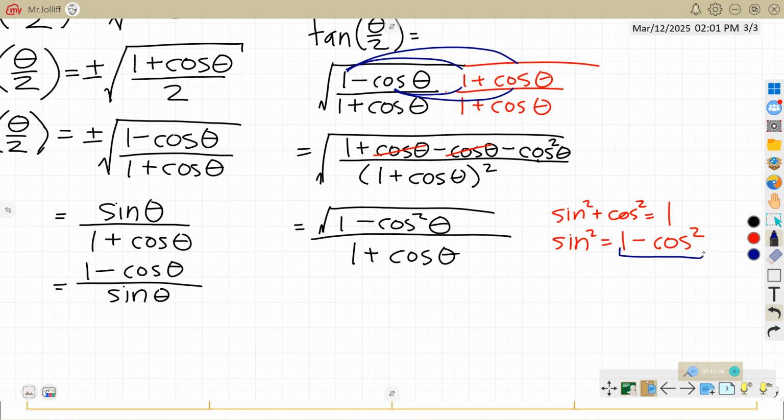I see this in my equation. And I know that thing that I just underlined in blue is equal to sine squared. So I can replace it with sine squared.